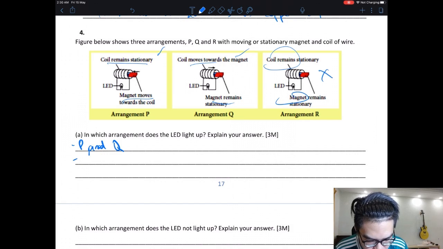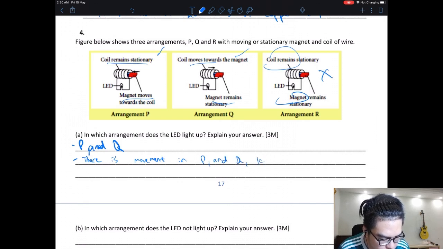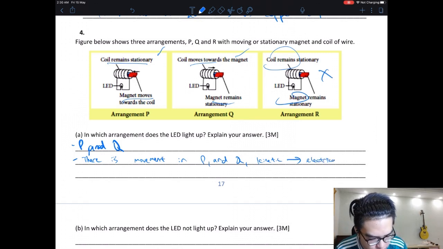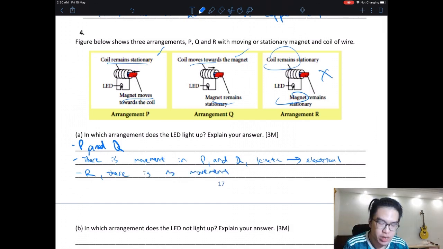So I explain why. There is movement in P and Q. Kinetic energy is converted to electrical. As for R, there is no movement, so no kinetic converted to electrical.